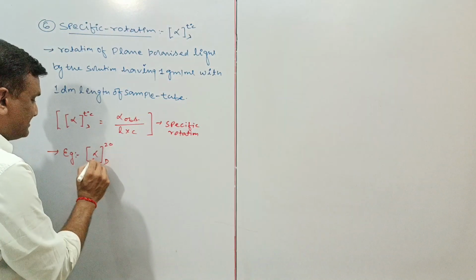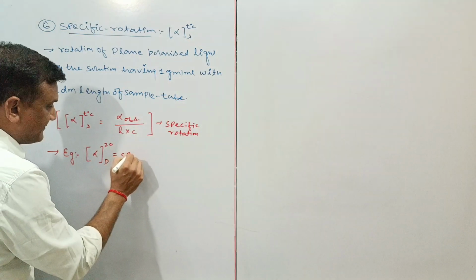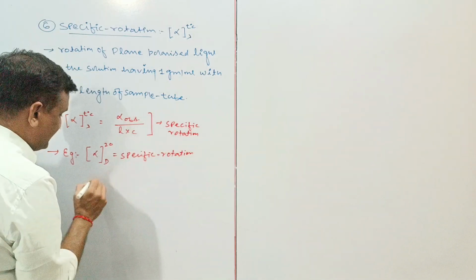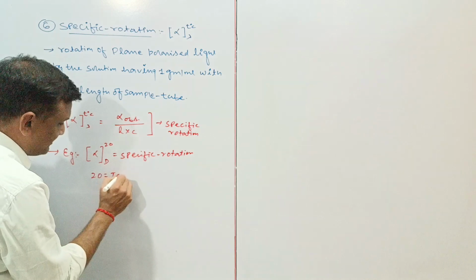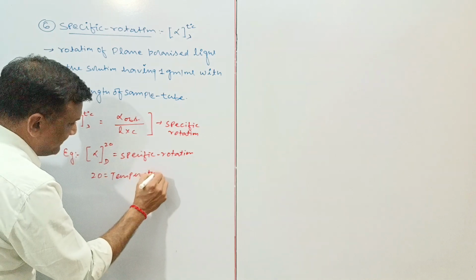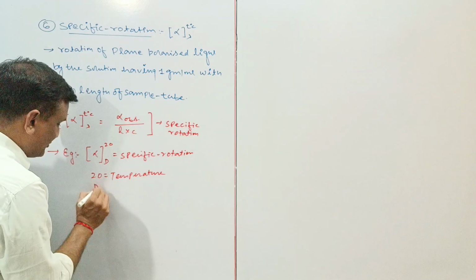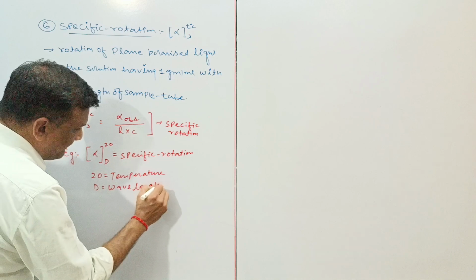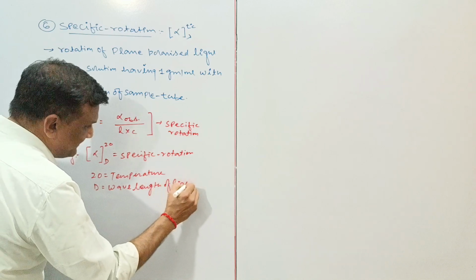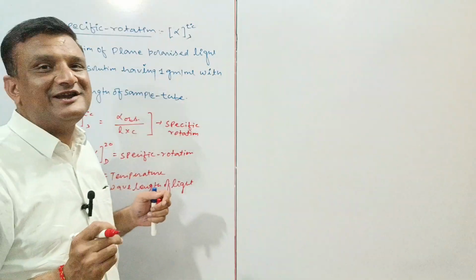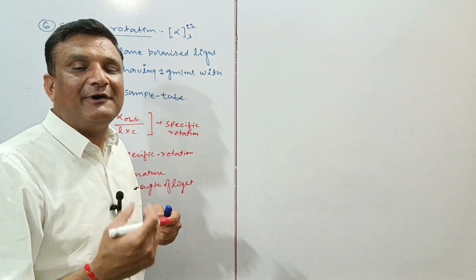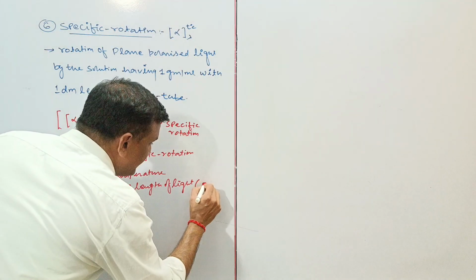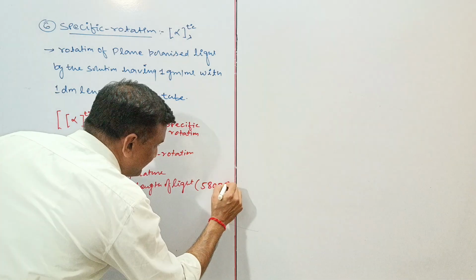Then here is specific rotation, and 20 is the temperature in degree Celsius, and D shows the wavelength of light, and that is fixed because we are using here monochromatic light in the form of sodium lamp, so its value will be 5893 angstrom, is the fixed value.